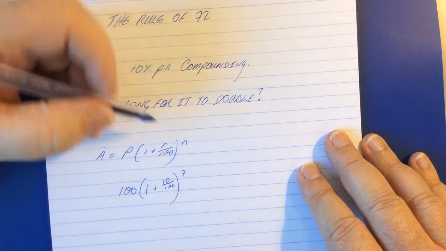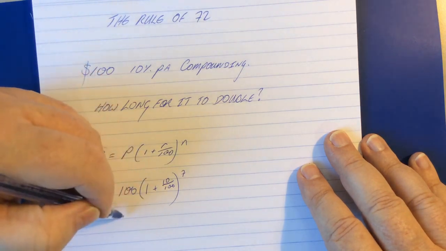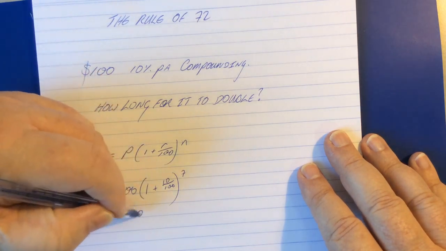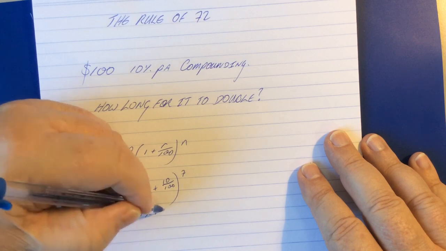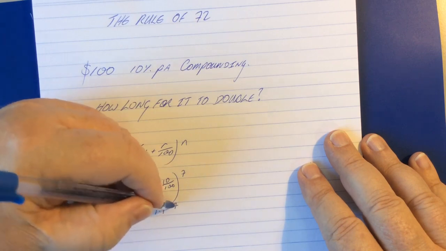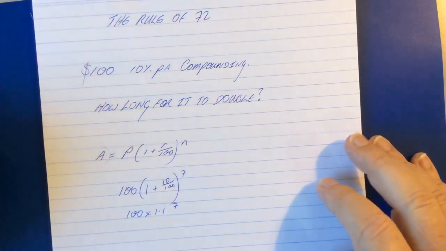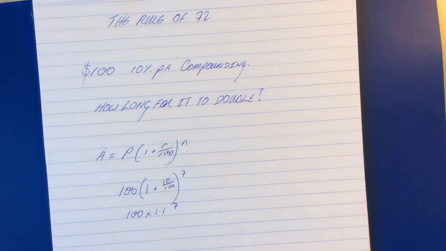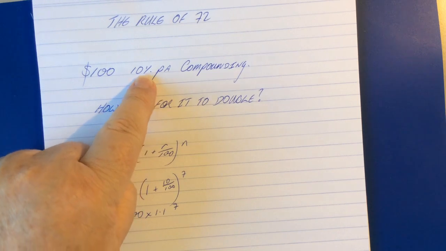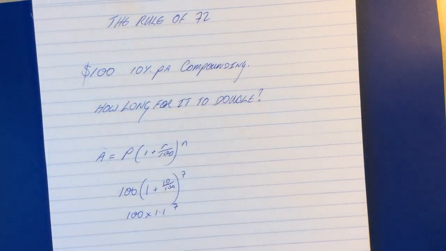So, if we tidy this up, this is 100 times 1.1 to the power of 7. If I was right about this number and this number giving us an answer of a little bit over 7, we should be very close to getting double our money with this formula. Right, so let's try it.